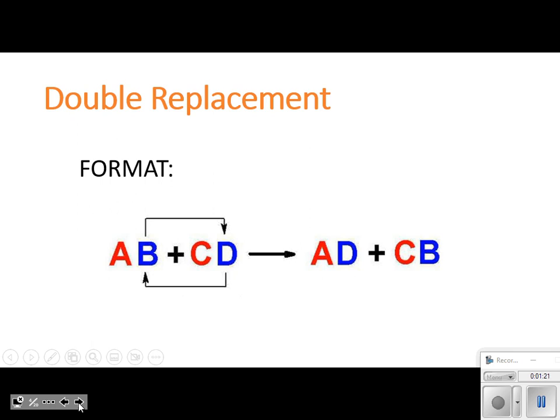If we look here, AB plus CD, we're going to flop the B and the D. It's the same thing you're doing in these actual reactions: we flop the cations, the A and the C. If you flip the A and the C, you still get CB and AD for your products. So basically, we are just switching the cation partners with the anions.